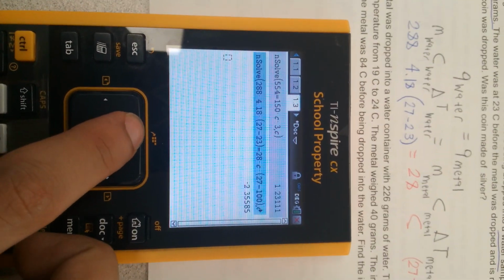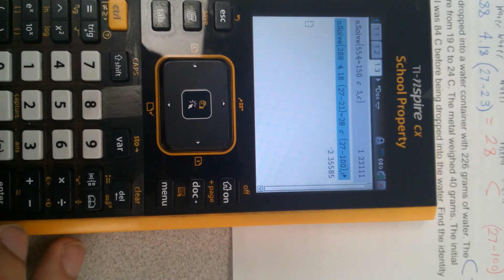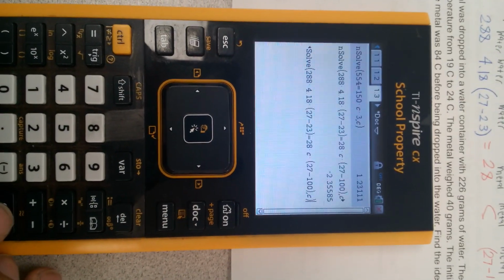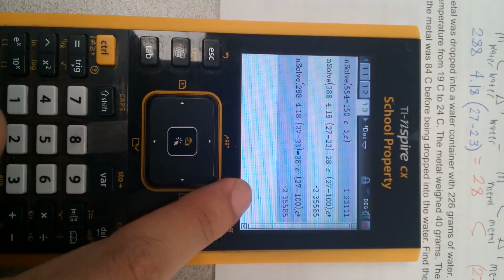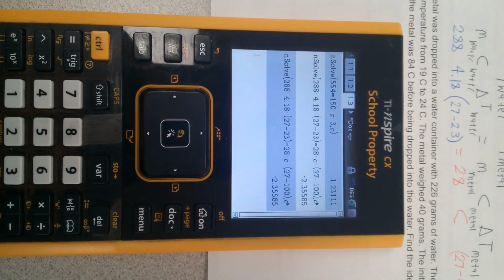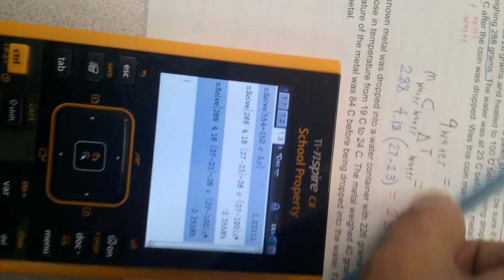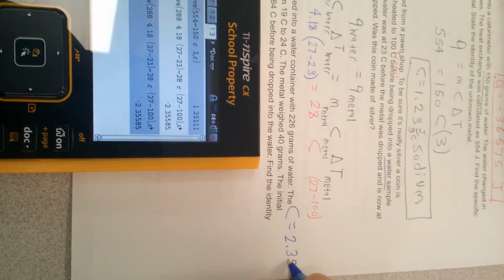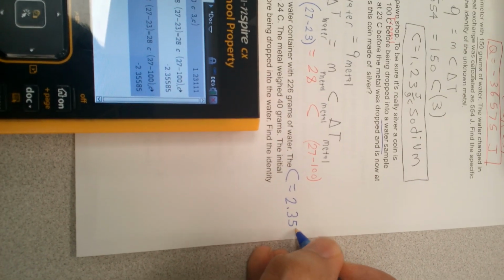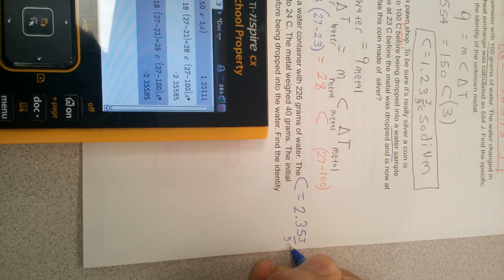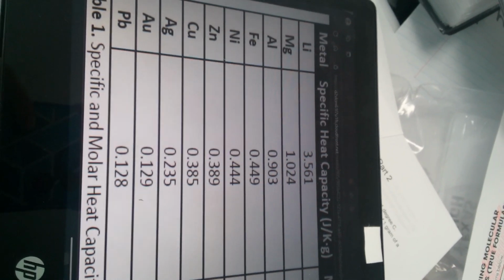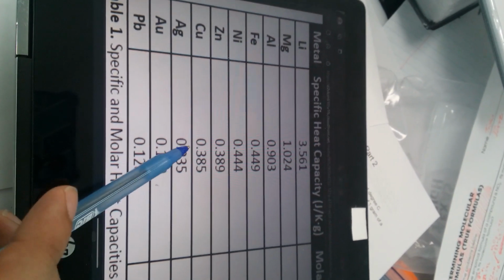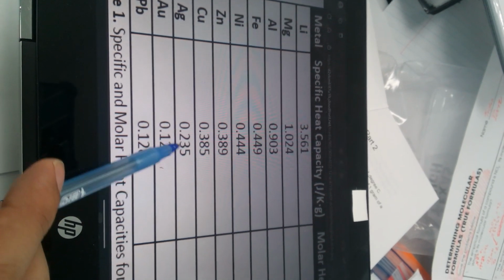So then after we do all of that in the calculator, if we press enter, we get negative 2.35 as our C value. So we're just going to change it to positive 2.35 C, J over G over C. So because our answer was 2.35, this is not silver, because silver is 0.235.